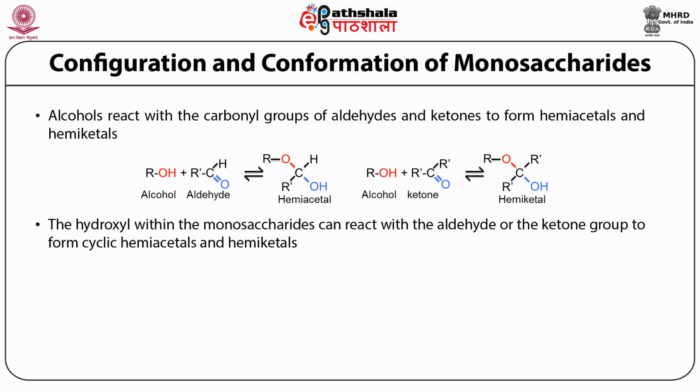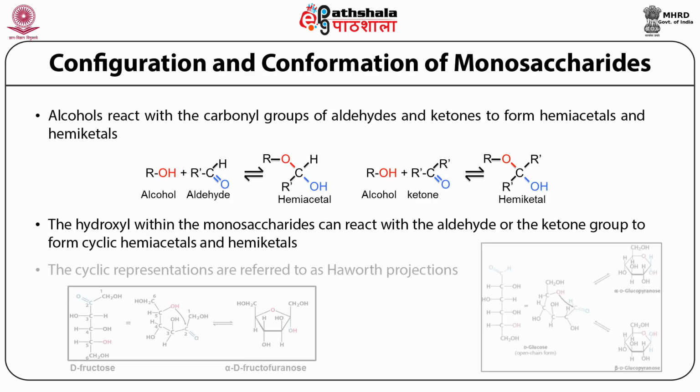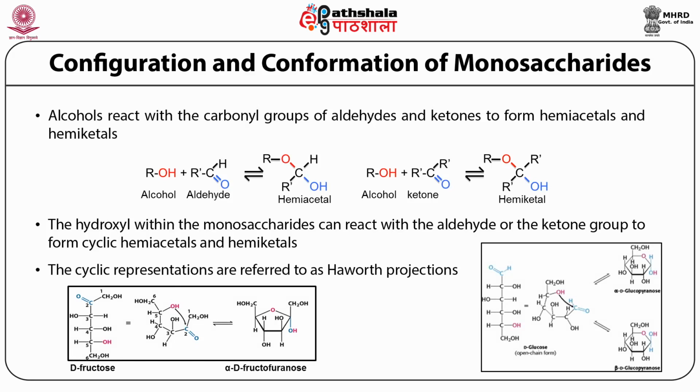Similarly, in glucose, the hydroxyl group at C5, if it reacts with the carbonyl group at C1, leads to the generation of glucopyranose. These cyclic representations of sugars are referred to as Haworth projections.